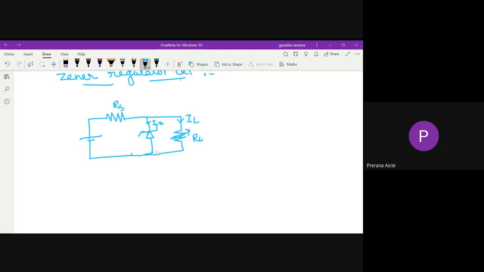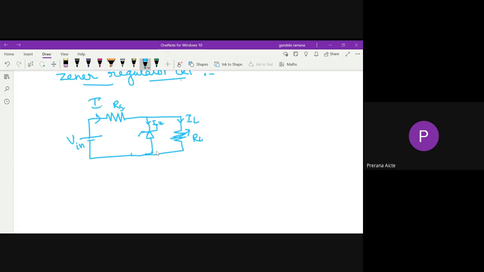This is RS. This is Vin. Here the flow of current is I. So see here, this is the standard Zener regulator circuit. Input voltage Vin, current will flow here, and the current will divide into IZ and IL.